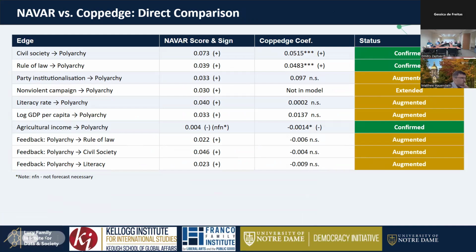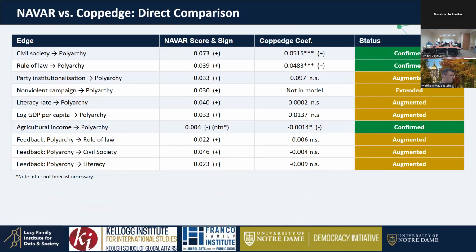So to summarize some differences between this model and the Chapter 8 model that had been published before. The relationships there between civil society, rule of law, and agricultural income on the one hand and polyarchy on the other were confirmed.